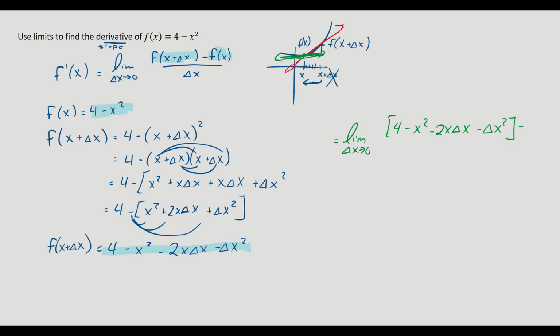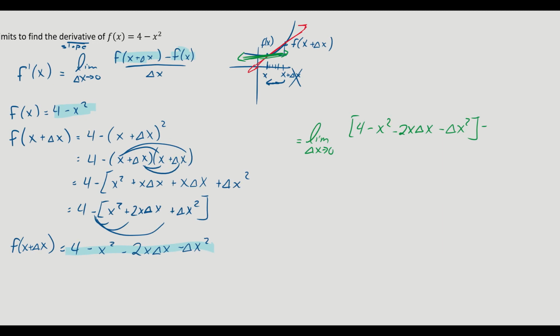And then I subtract f of x, which is 4 minus x squared. Put it in parentheses because you're going to have to distribute that negative. And on the bottom is just change of x. When you're doing the limit definition of the derivative, change of x is always there in the denominator.